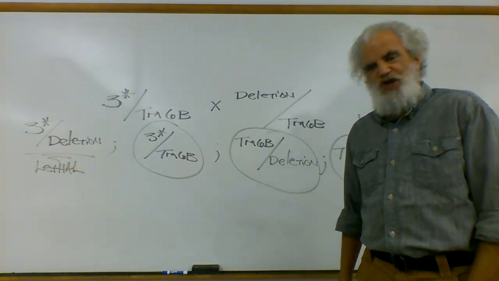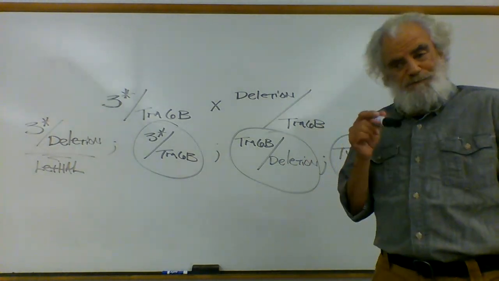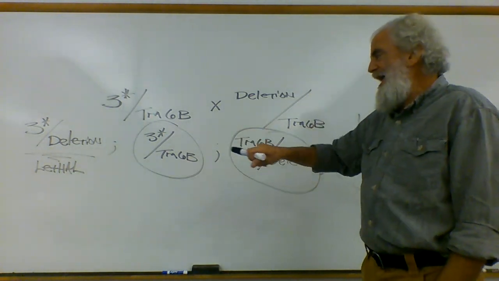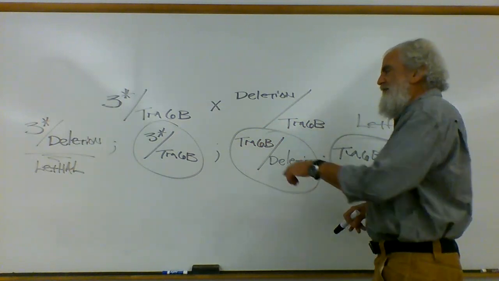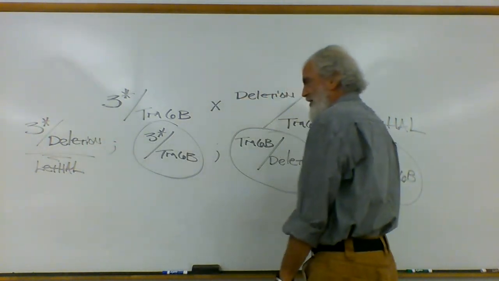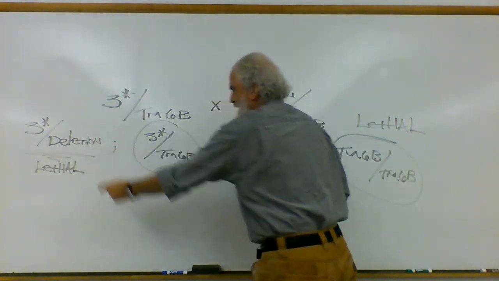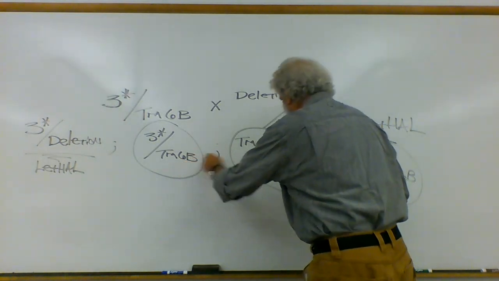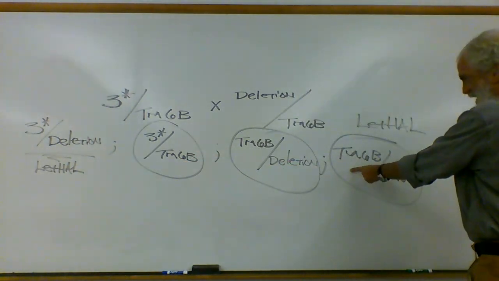It's a mutation called tubby, and it's a dominant mutation that is really visible. So if you have a lethal that you've uncovered here, this one won't be carrying TM6B, it won't be squished down. This one is going to be tubby, this one's tubby, and this one's lethal.